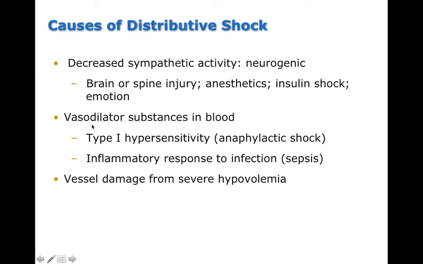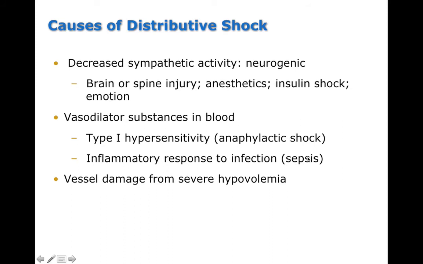Now, in terms of vasodilator substances in blood, it could be due to anaphylactic shock as a consequence of type 1 hypersensitivity, through the massive release of histamines, and those histamines can cause pretty dramatic vasodilation. Or it could be from inflammation due to infection, like sepsis.